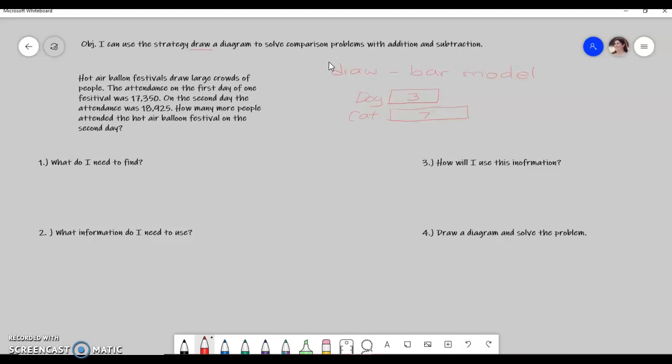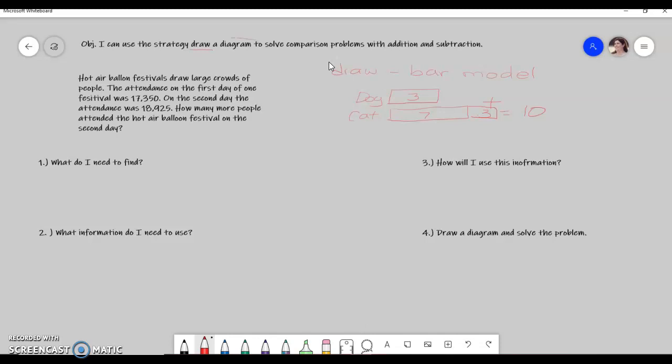So I would say, okay, all together, that's a keyword to add. So all I would do, I would take these 2 and add them together. So 7 plus 3, which equals 10.